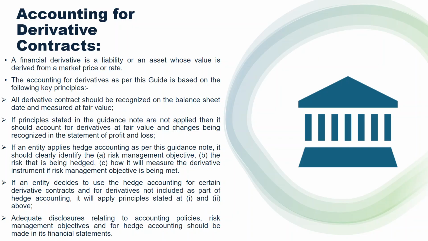If any entity applies hedge accounting as per this guidance note, it should clearly identify number A, the risk management objective, number B, the risk that is being hedged, and number C, how it will measure the derivative instrument if the risk management objective is being met.